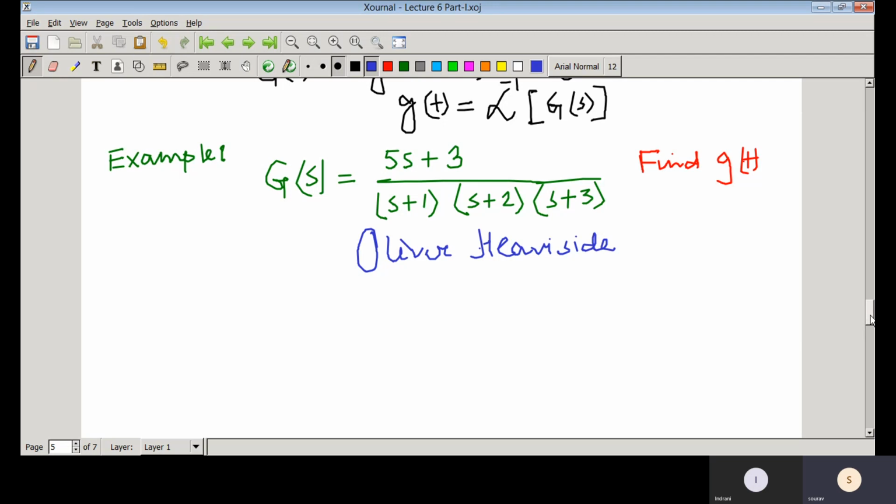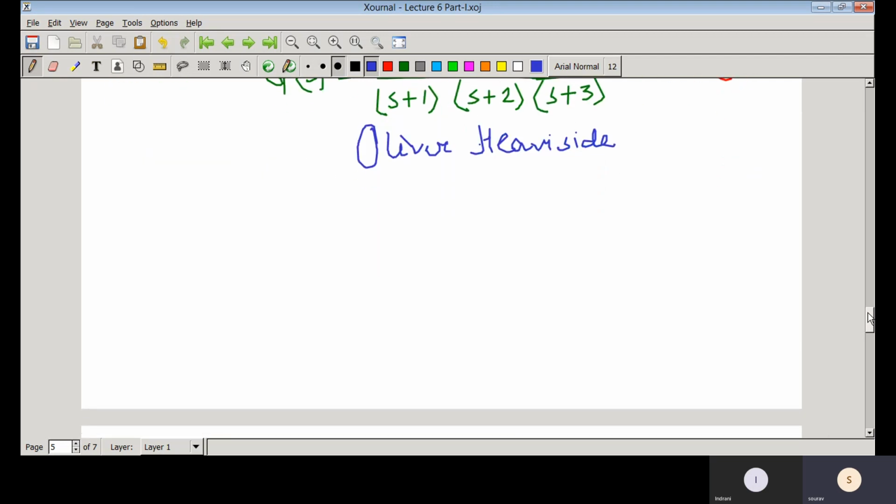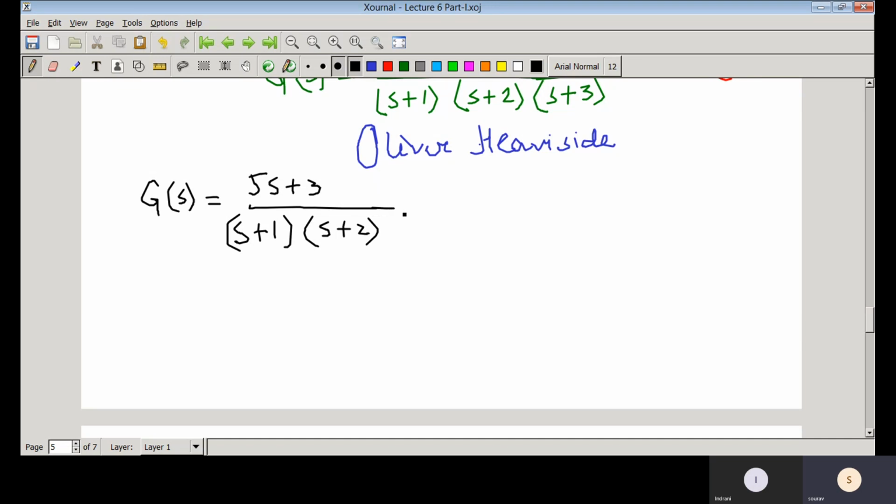He gave us a method for finding partial fractions. So first we represent this G(s) in partial fraction form: (5s plus 3) divided by (s plus 1)(s plus 2)(s plus 3) can be represented as A by (s plus 1) plus B by (s plus 2) plus C by (s plus 3).